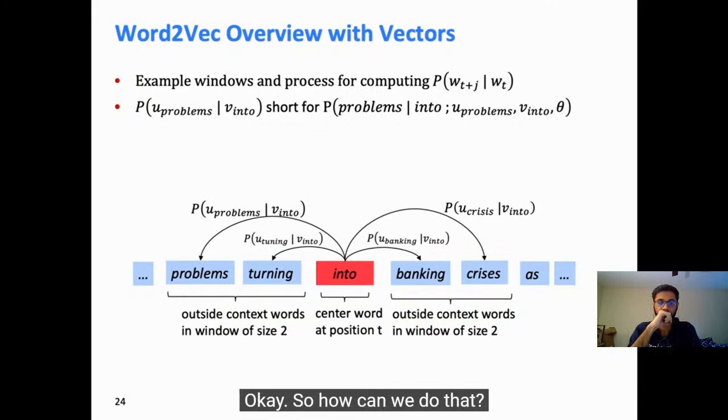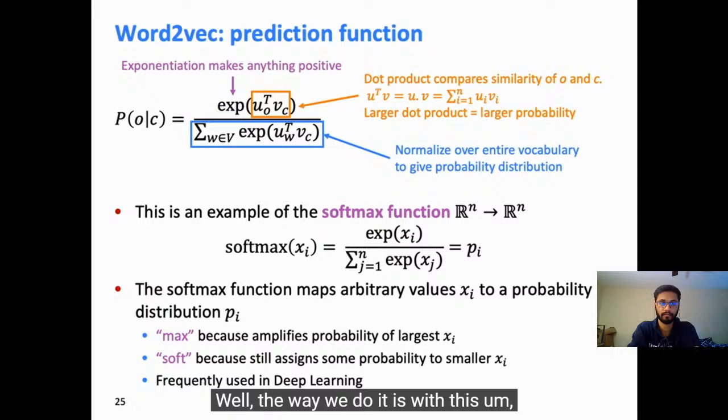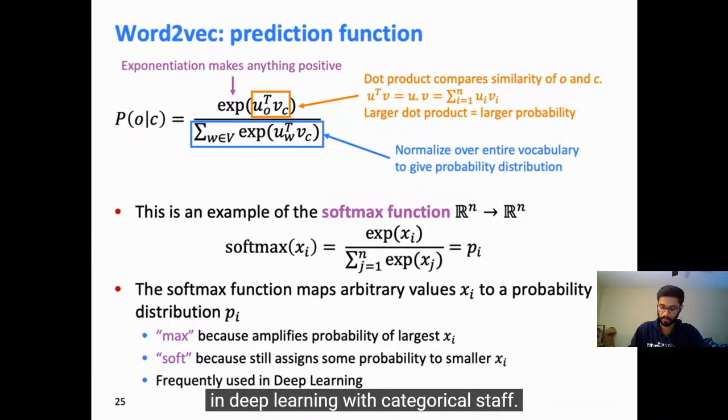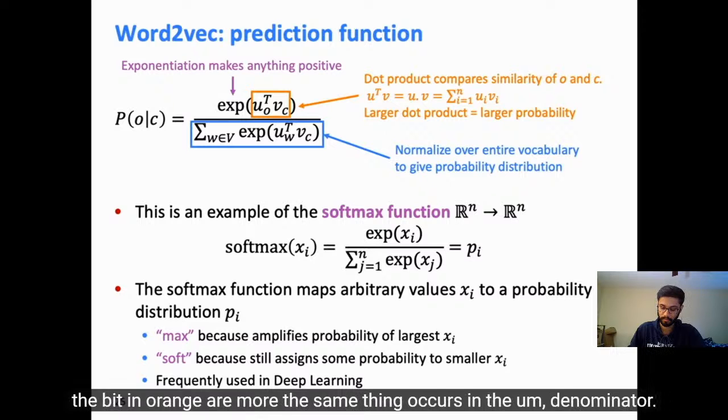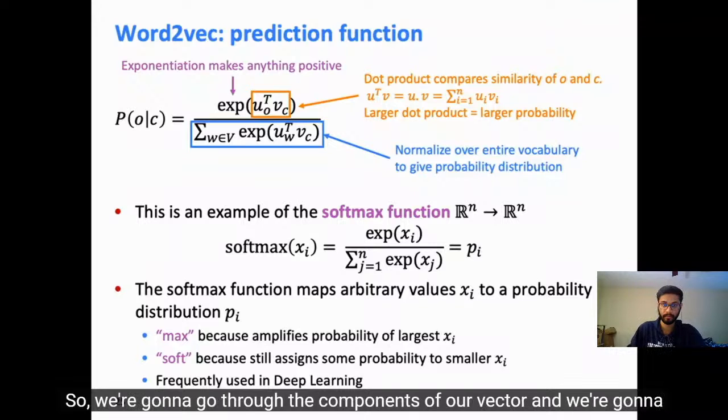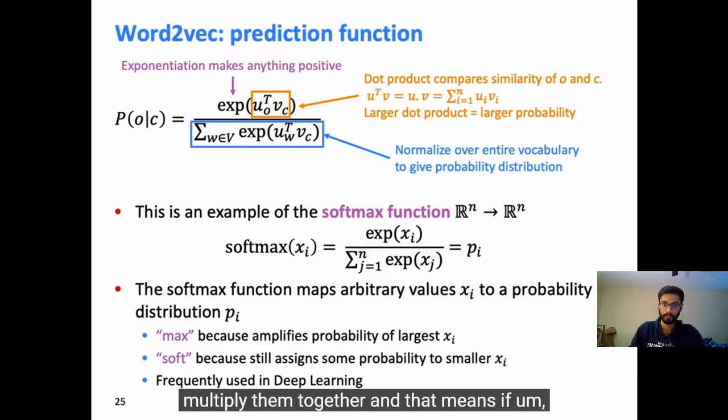Okay, so how can we do that? Well, the way we do it is with this formula here, which is the sort of shape that you see over and over again in deep learning with categorical stuff. So for the very center bit of it, the bit in orange, or the same thing occurs in the denominator, what we're doing there is calculating a dot product. So we're going to go through the components of our vector and we're going to multiply them together.